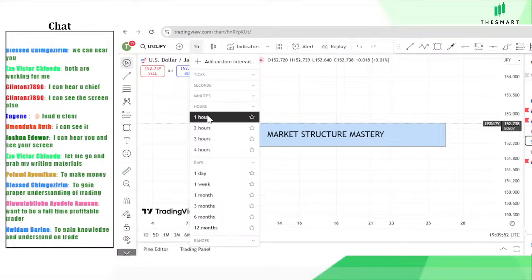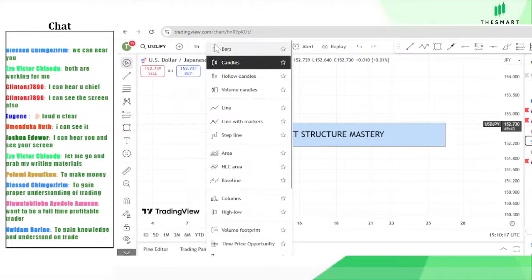Basically, the time frame is how you want the chart to present itself. If you put the chart on 1 hour, each candlestick you're seeing represents 1 hour. After this, we have the next column, which is how you want your candlesticks to appear.